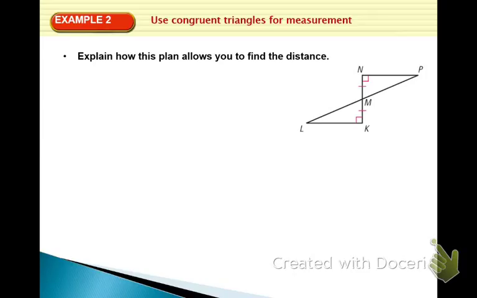All right? We have to find this distance NP. So how could I find NP? If this is over water and this is over land, what's our plan? What can we do?